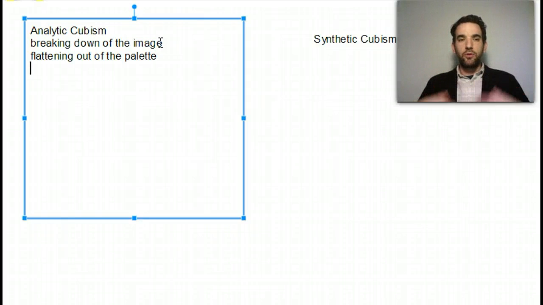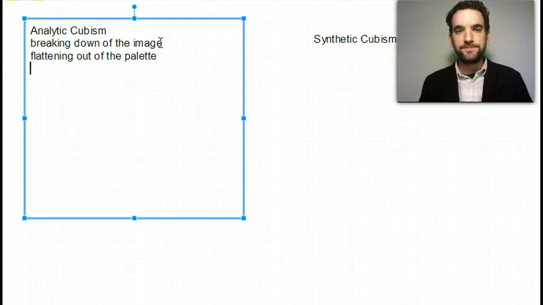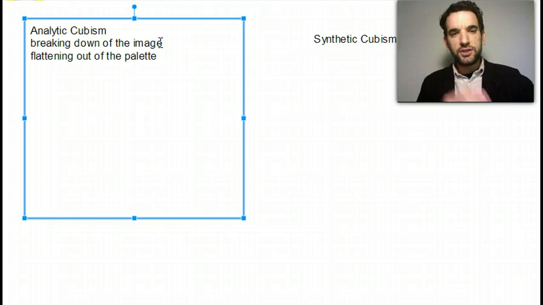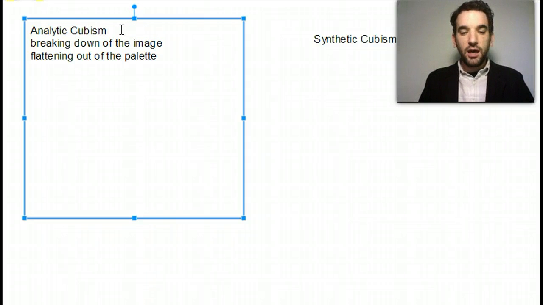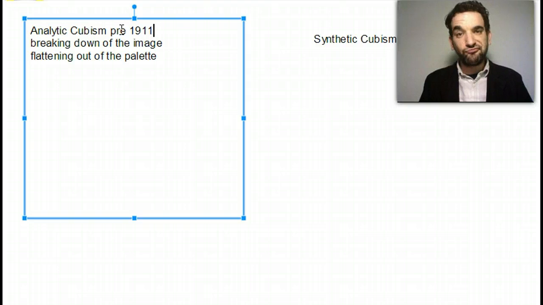And so they would wear these matching uniforms and go into the studio together. So it's a bromance, to put it in contemporary weird terms. So that's Analytic Cubism. Analytic Cubism is, generally speaking, pre-1911.